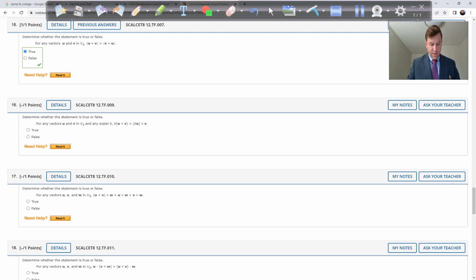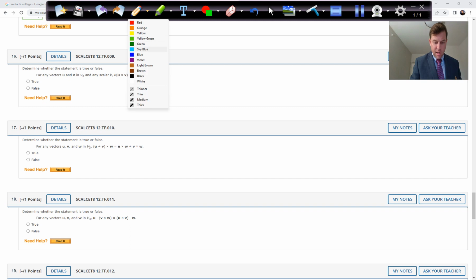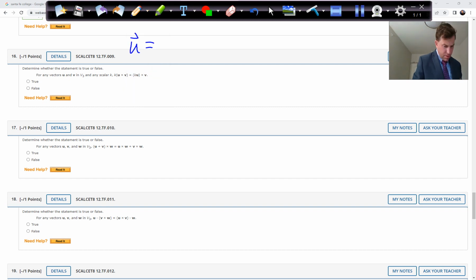Okay, for any vectors with a scalar k, k times u cross v equals ku cross v. Let's actually try this one because we saw how it worked with the dot product, but we haven't seen how it works with the cross product. The way I did this is I just made a u and a v vector. Let's just assume u is equal to 1, 2, 3.